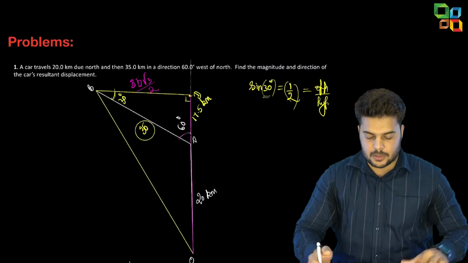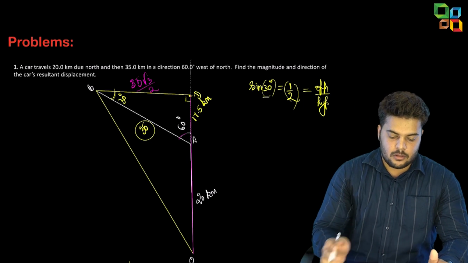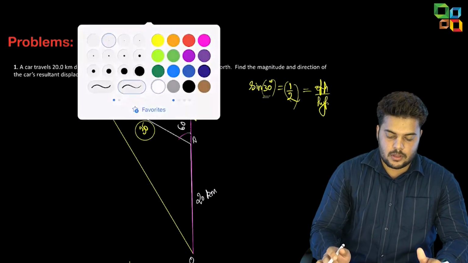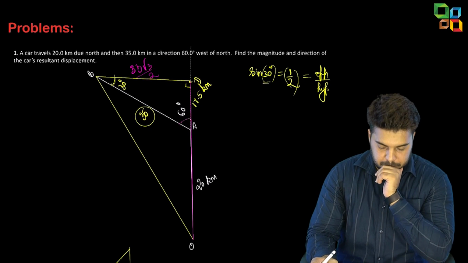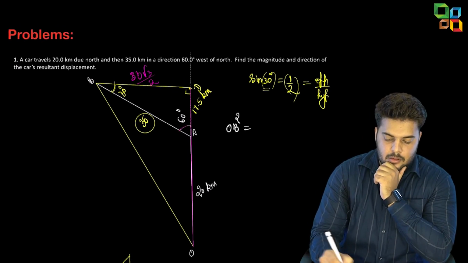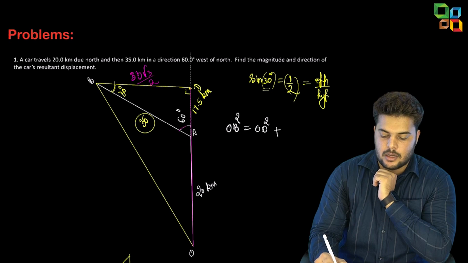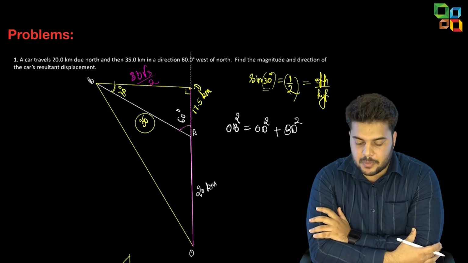So how do we do this? Yes, let's go for it. So the Pythagorean theorem says that OB squared is equal to OD squared plus BD squared.